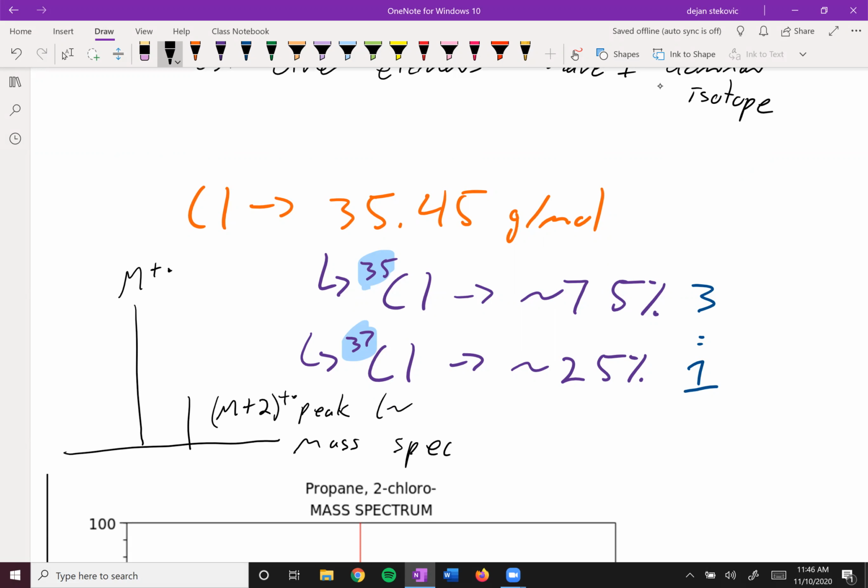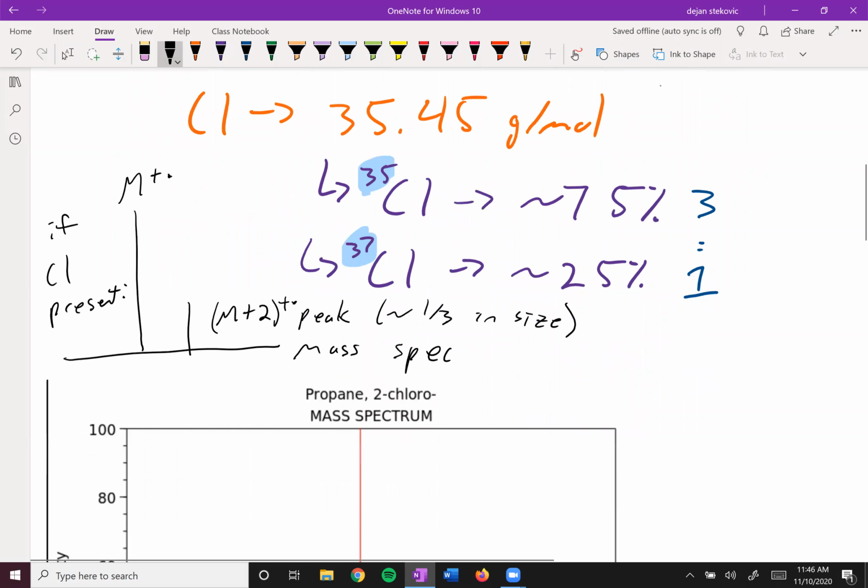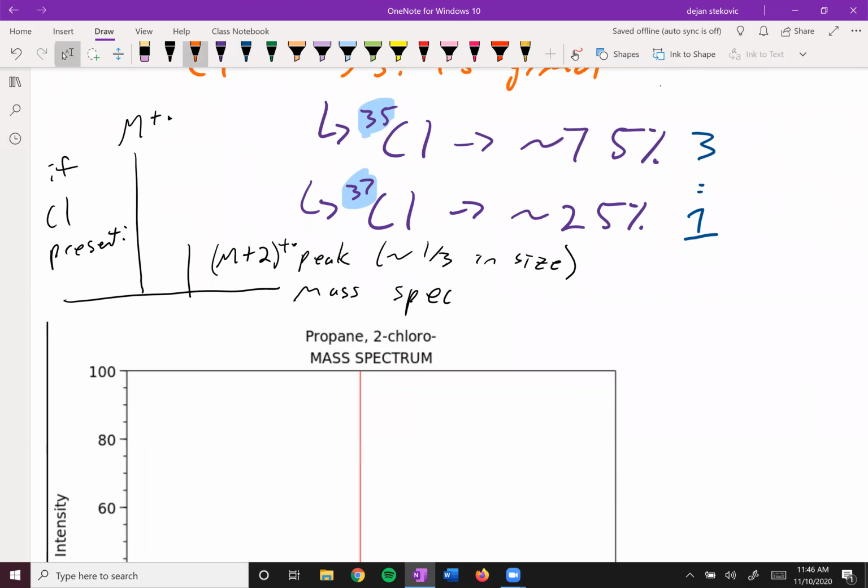It should be approximately 1/3 in size if the chlorine is present. And so let's take a look at this. Here we've got 2-chloropropane. So we've got this molecule right over here.